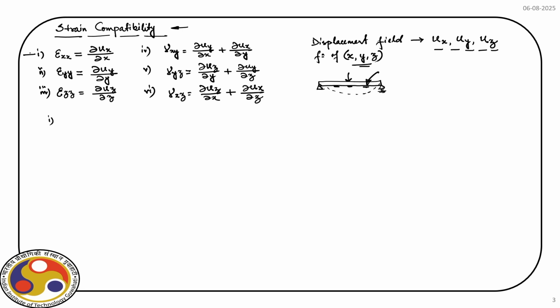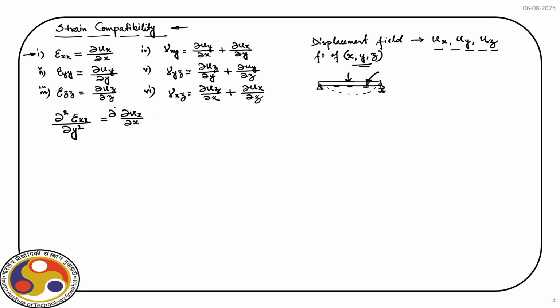So, that means this one, which is epsilon xx, is equal to ux differentiated with respect to x. Now, what we do is differentiate epsilon xx twice with respect to y, so we can rewrite this equation.